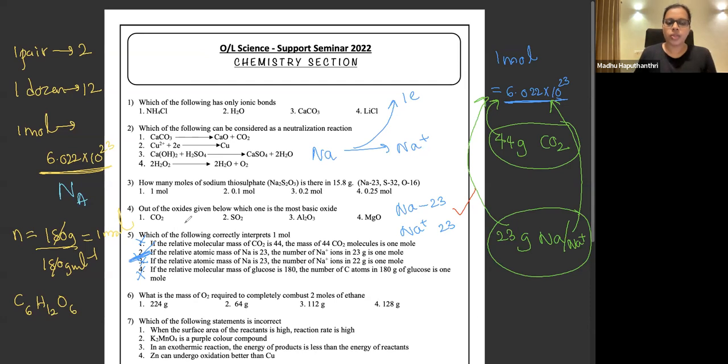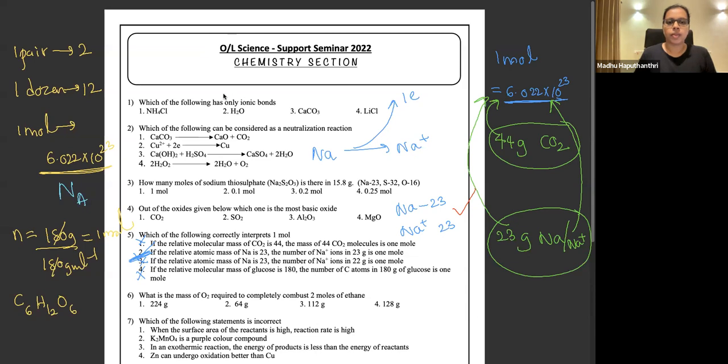So through this question, I'm trying to cover 2 points. First one is to bring the idea about the 1 mole. And the second one, the fact that electron's mass is negligible compared to the mass of a proton or a neutron. But stay mindful, electrons do have a mass. It's only that its mass is negligible.